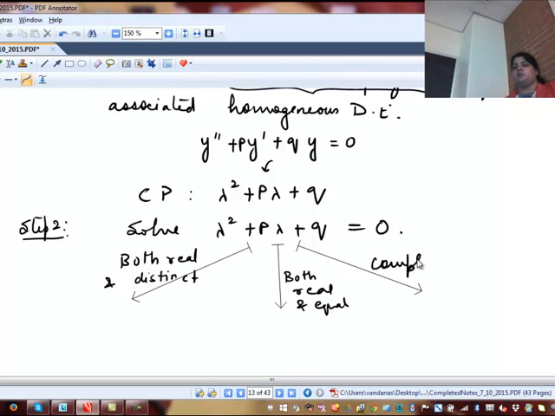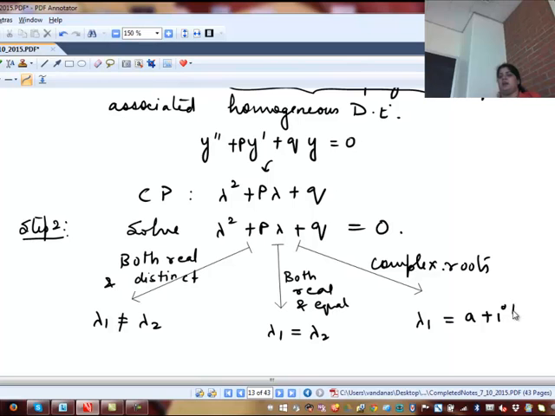Complex. Okay, so if lambda 1 and lambda 2 are distinct roots, and here lambda 1 is equal to lambda 2, and here lambda 1 is a plus ib, and another has to be its conjugate, a minus ib.